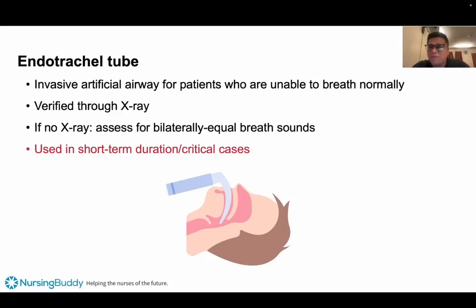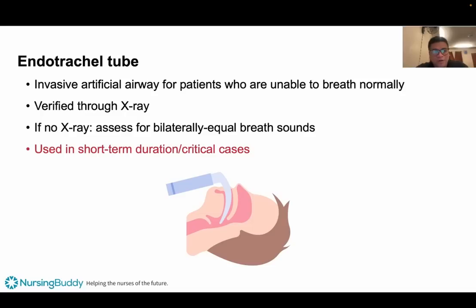Now, ang tanong, sir, kung paano yun kapag walang X-ray and malayo, no? So, how can we know that the tube has actually proceeded to your respiratory system, because it can be dislodged to your GI? So, the answer is very simple. If no X-ray, assess for bilaterally equal breath sounds.